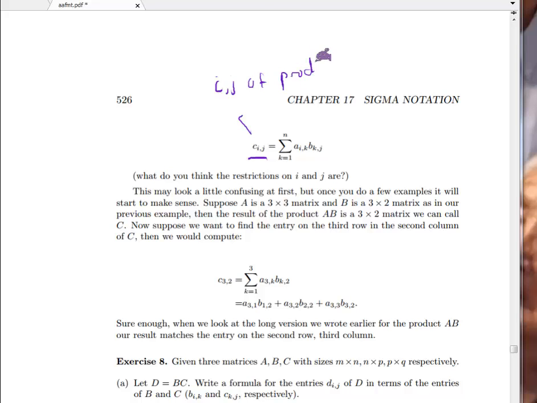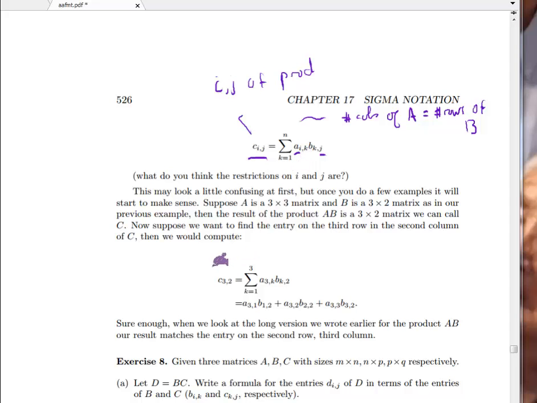What we said was that the ij corresponds to the first index of A and the second index of B. And the inner indices have a sum from 1 to n, where n is the number of columns of A, and it's also equal to the number of rows of B. So this is a very nice compact way of writing the entries of the product matrix in summation notation.